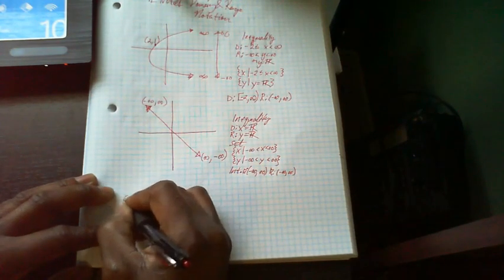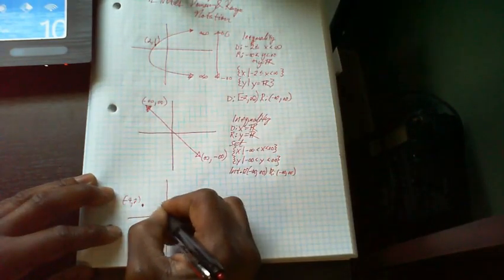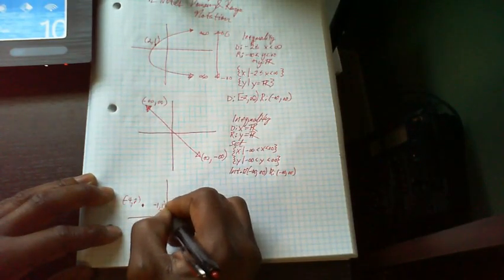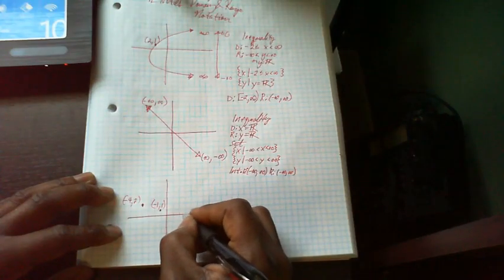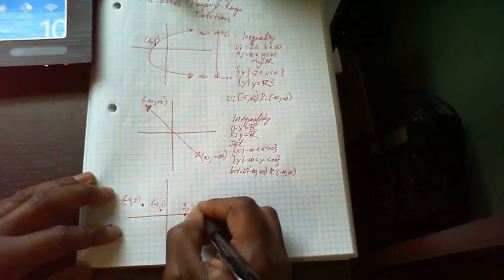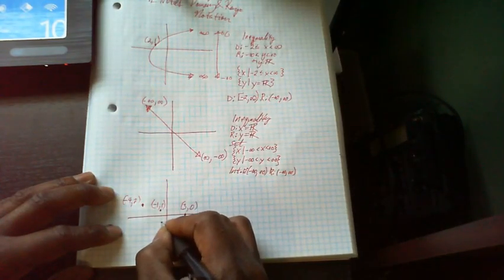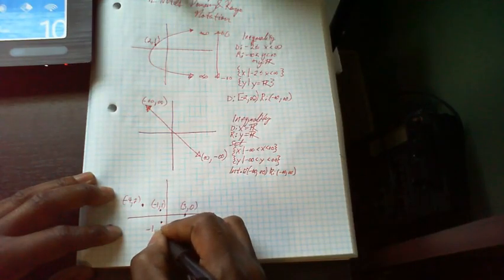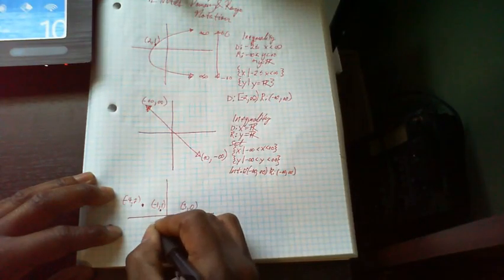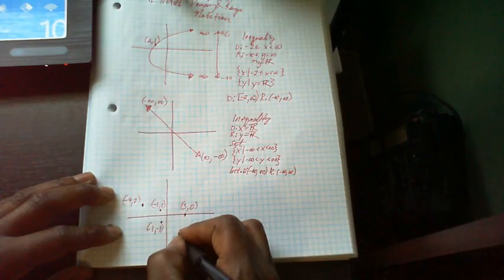There's a point. You got a point at negative 1, 1. Right? You got a point at 1, 2, 3, 0. A point at negative 1, negative 1. And 1, negative 3.